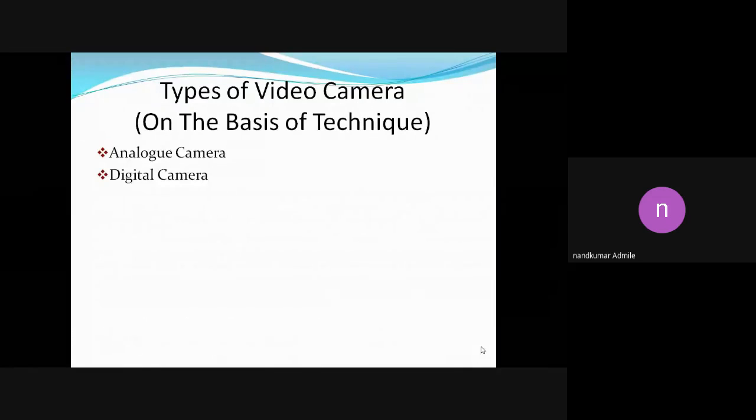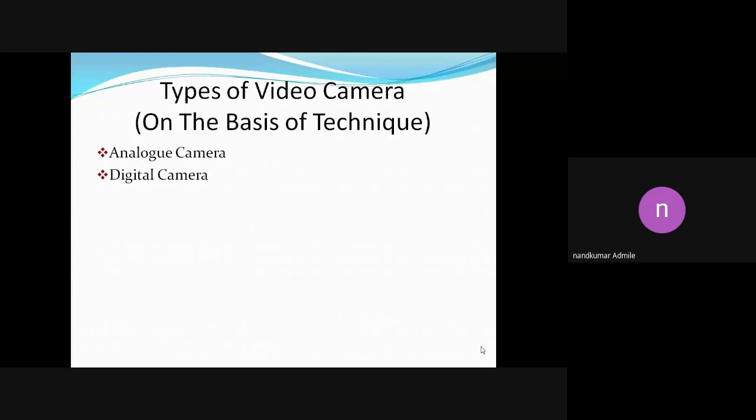If we observe the camera nowadays, we can keep the camera in our pocket also. Our mobile phone is an example of a digital camera. It does not require any wired connection. It is wireless. Okay, so it is the basic difference between the analog and digital camera.